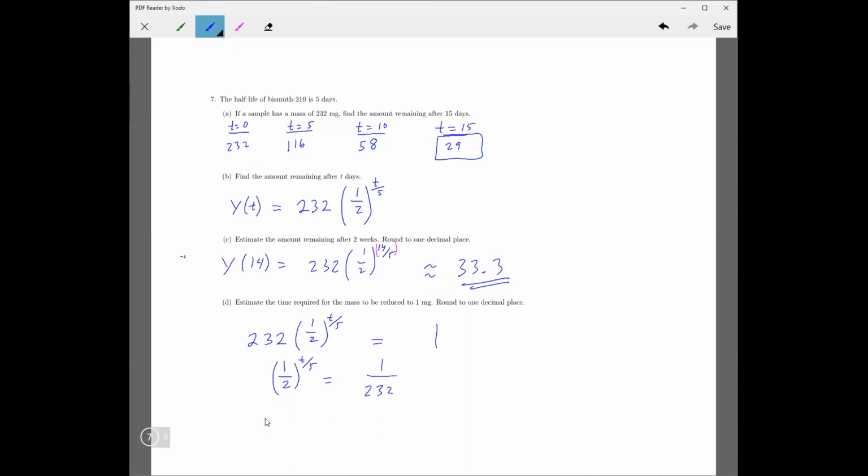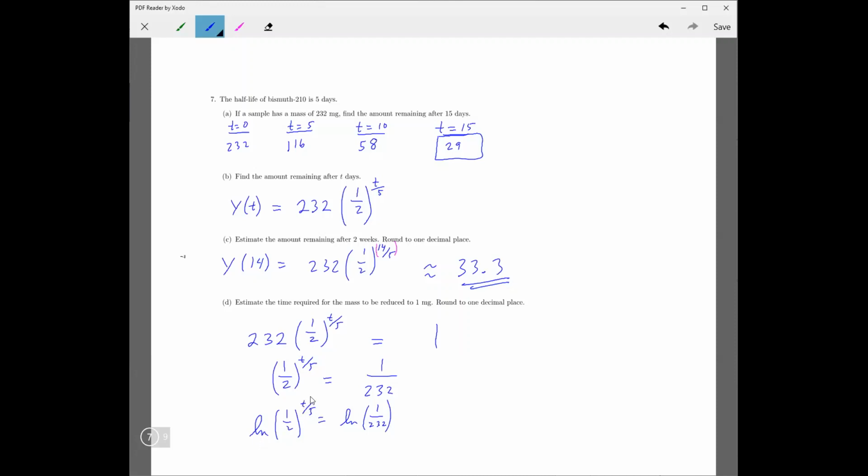Okay, and then what you're going to do at this point is take the natural logarithm of both sides. If you don't know what this is, that's fine. We'll talk about it tomorrow. The logarithm is basically the inverse of the exponential function.